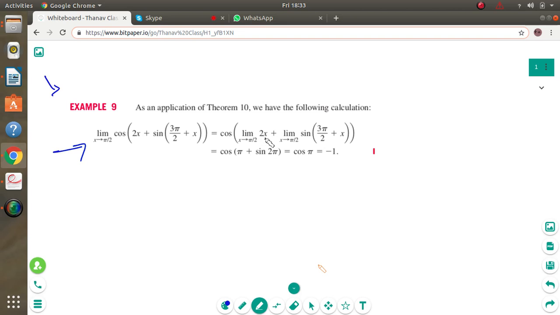You are putting the limit on both of the two inside the cos, because we have this complete function as continuous. That is fine. One is this 2x here, second is this one, so both added become continuous.